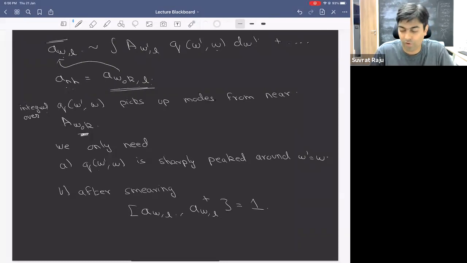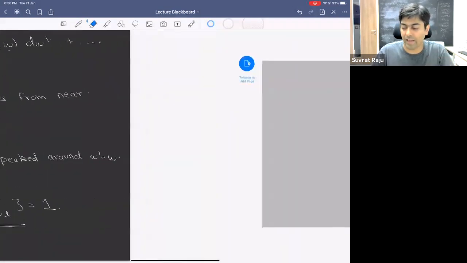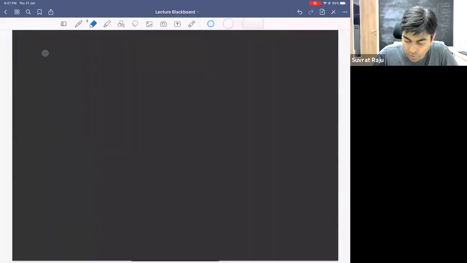We weren't careful about some whole bunch of other constants in deriving this. But the point is that in the end, the final answer that you get by defining these near horizon modes has to be canonically normalized. Okay? So all the constants have to work out so that the final answer you get for these modes works out correctly.